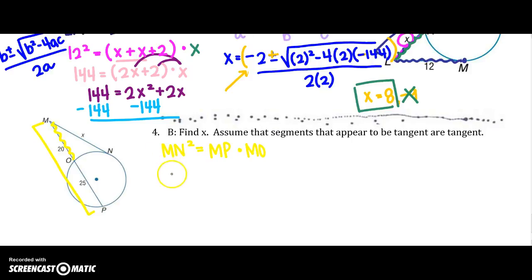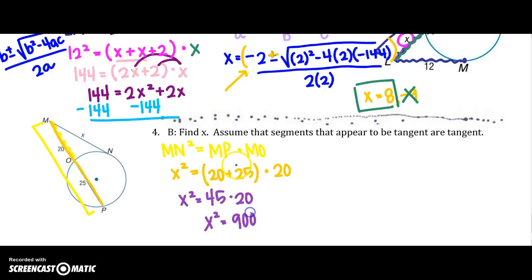Alright, so MN is x squared equals MP, so this entire length would be 20 plus 25, and you can combine those before you put it in here, times my exterior, which is 20. So I get x squared equals 45 times 20. So x squared equals 900, and to get rid of my squared, I need to square root, so I get x equals 30.